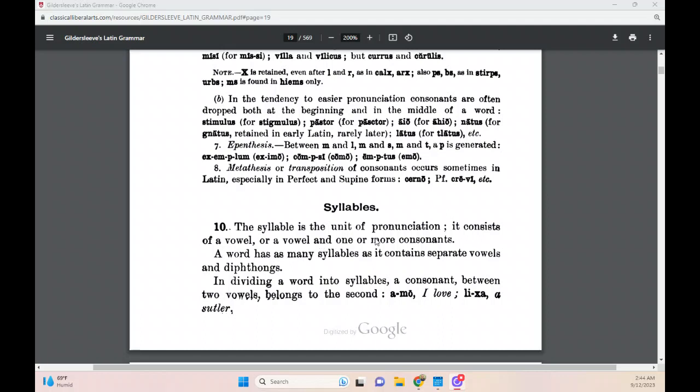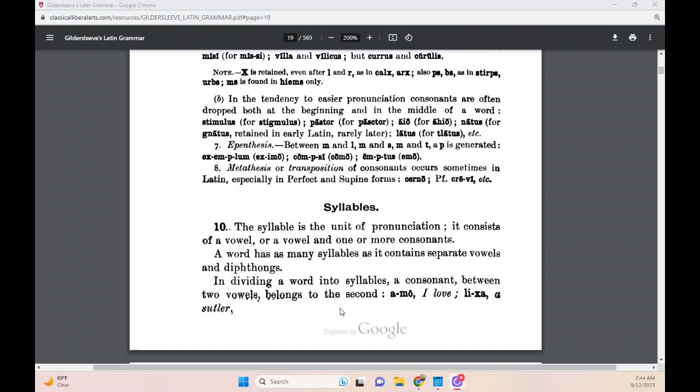All right, let's keep going here. Pretty simple so far. How many syllables does a word have? If we want to count the number of syllables in a word, a word has as many syllables as it contains separate vowels and diphthongs.